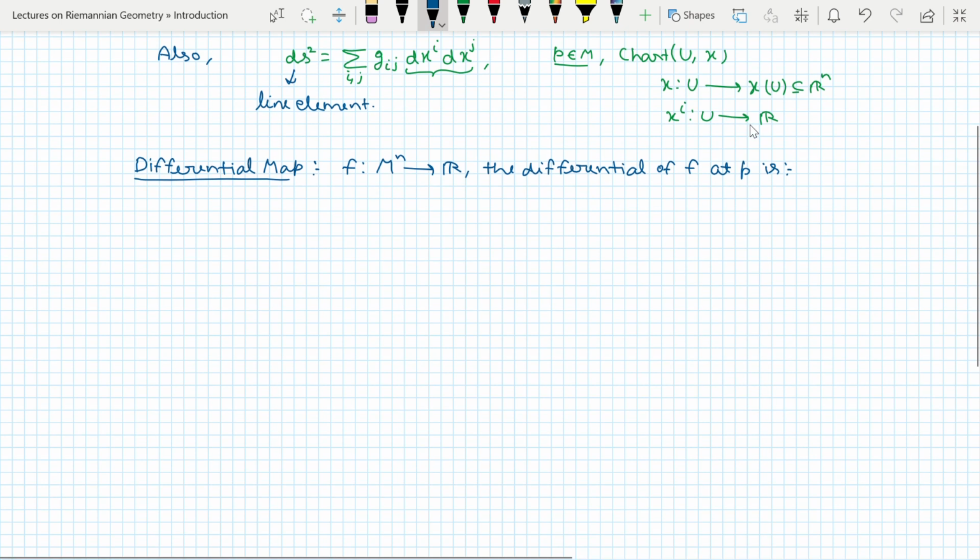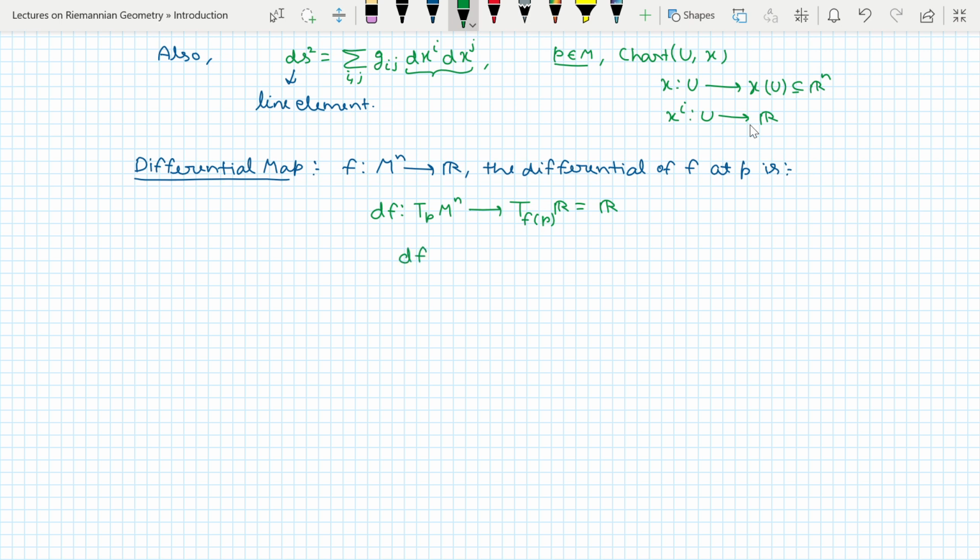I will quickly do the calculation. This differential is basically the map denoted by df. This goes from the tangent space at the point P on the manifold M to the tangent space at the point f of P on R, which is nothing but R.